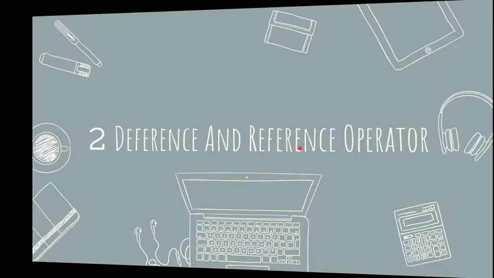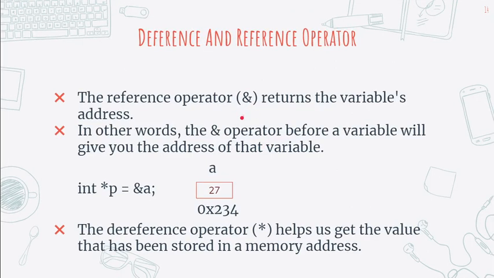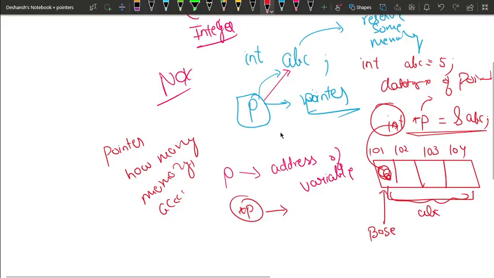Okay, now what do the dereferencing and referencing terms which I used mean? The reference operator returns the variable's address. The ampersand sign returns the address. So that is what we did here: we are assigning this pointer to the address of ABC.